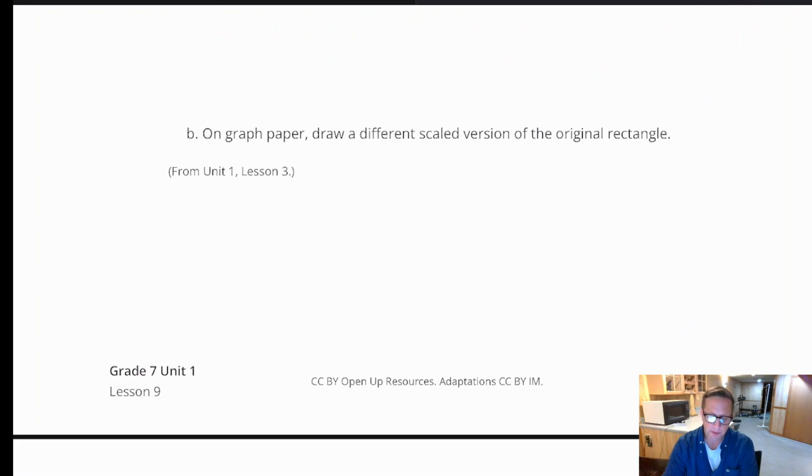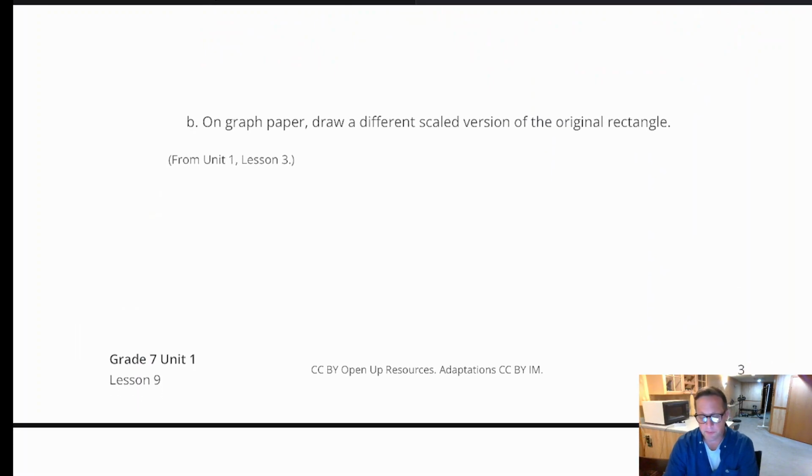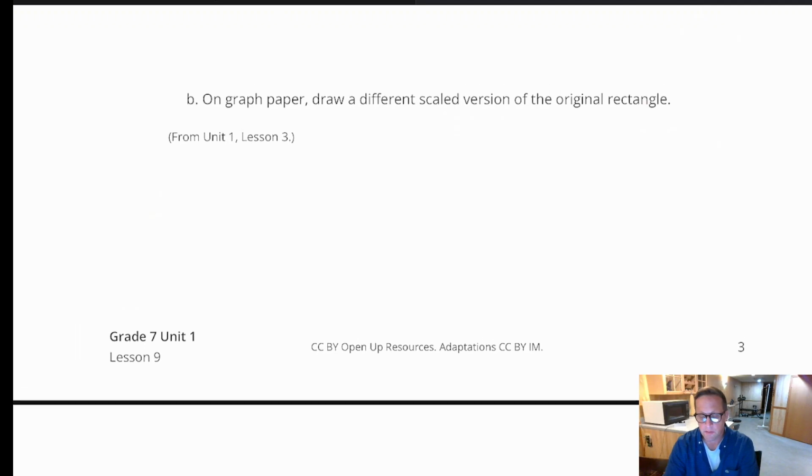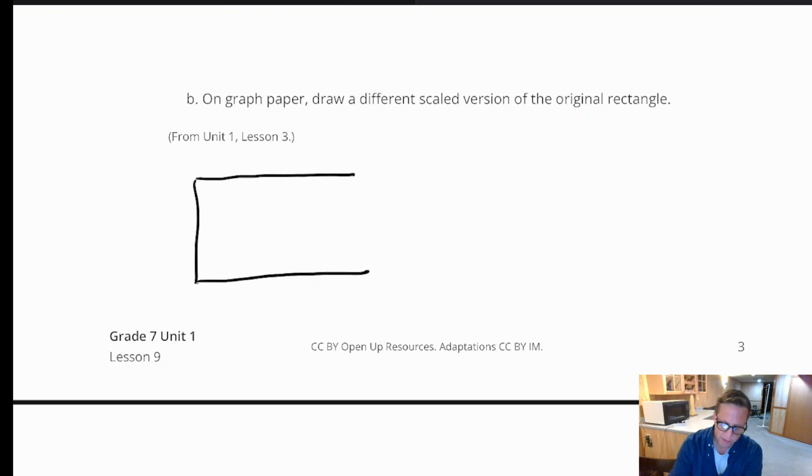And for part B, it says, on graph paper, draw a different scaled version of the original rectangle. All you have to do on your paper is make sure whatever number you draw here, I'll just put n there, this is going to be half of that.